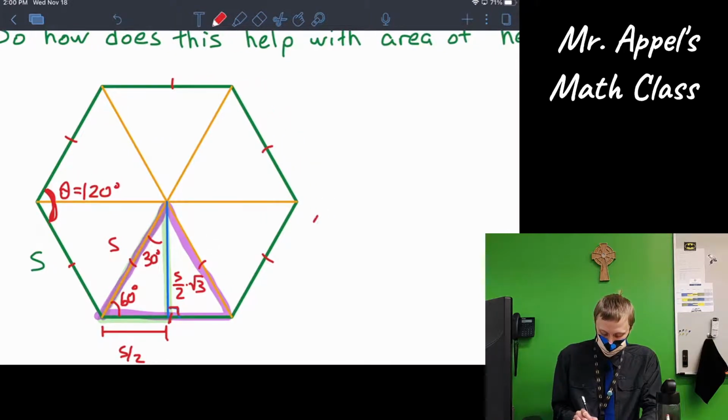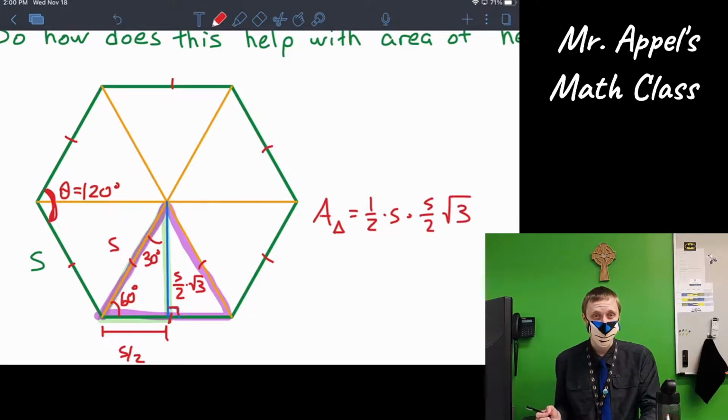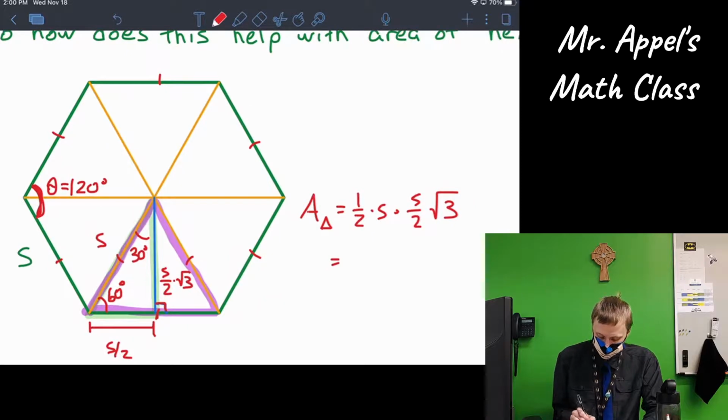So then the area of my equilateral triangle is 1/2 base, doing the whole base now, so it's a full S, times height, S over 2 root 3. And just combine your terms together there, consolidate, and we get S squared times square root of 3 over 4.